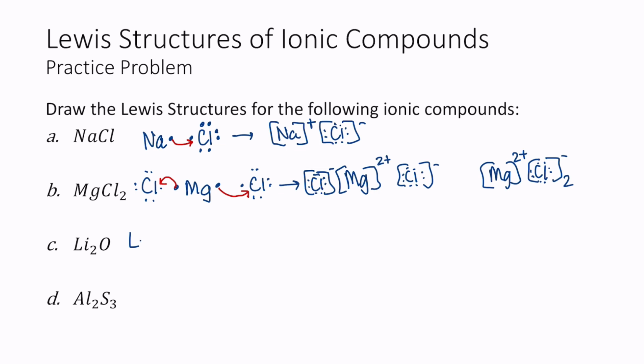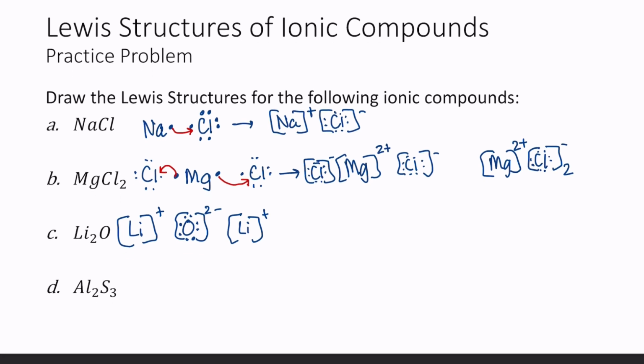So I know that lithium is going to lose 1 electron to become positive. Oxygen is going to gain 2 electrons, and in doing so, it's going to be a 2 minus. Then since it gained 2 electrons, that other electron has to come from somewhere, and it is the other lithium. Finally, with this one, we're going to have 3.